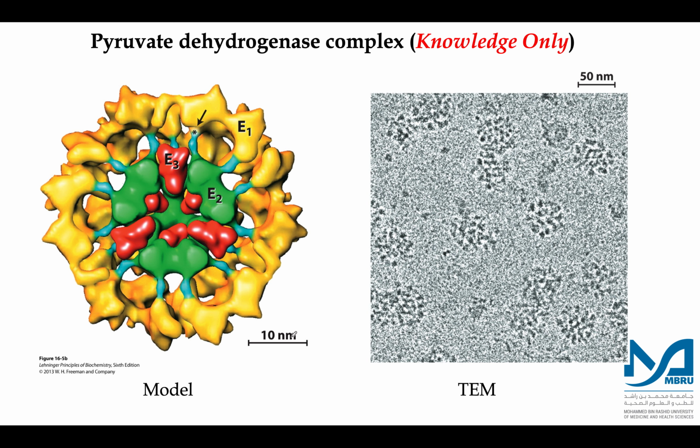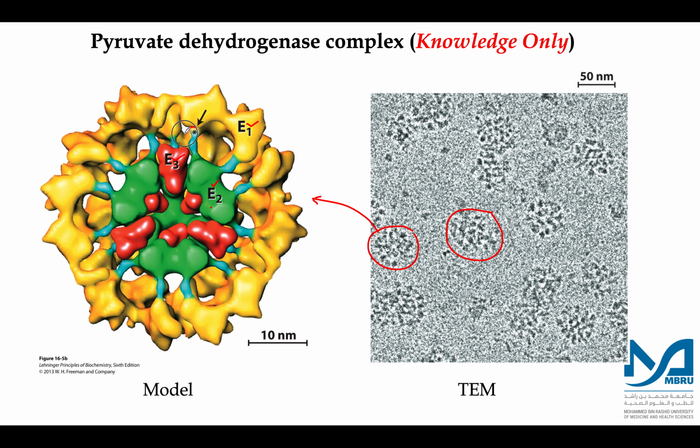If I look at this part of the slide, these are the electron micrograph pictures of the pyruvate dehydrogenase complex taken at very high resolution. After taking the picture with the electron micrograph, this is the computer generated model of the complex. As you can see here, the complex acts as a module where three separate enzymes are present, E1, E2, and E3.